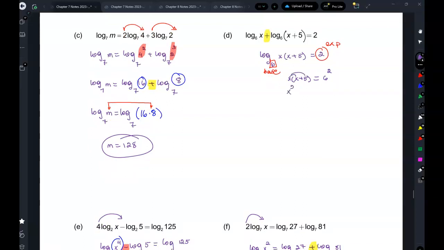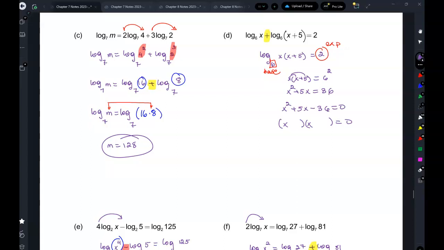Distribute. x squared plus 5x is equal to 36. Minus 36. And then you have to factor. x squared plus 5x minus 36. And you figure out what goes in the box. Look at you guys, all experts now.